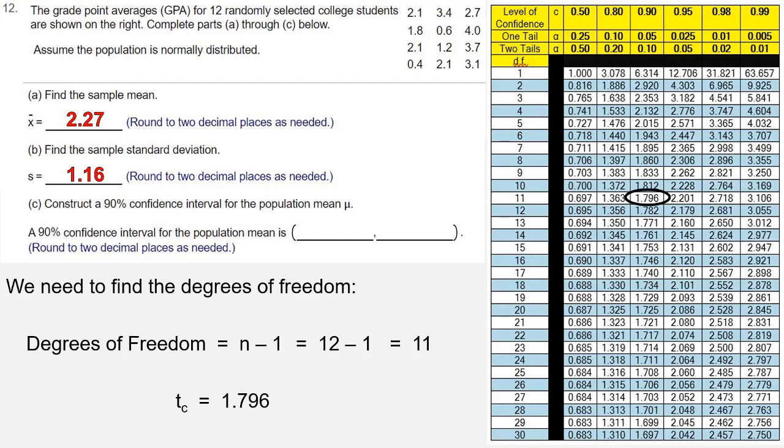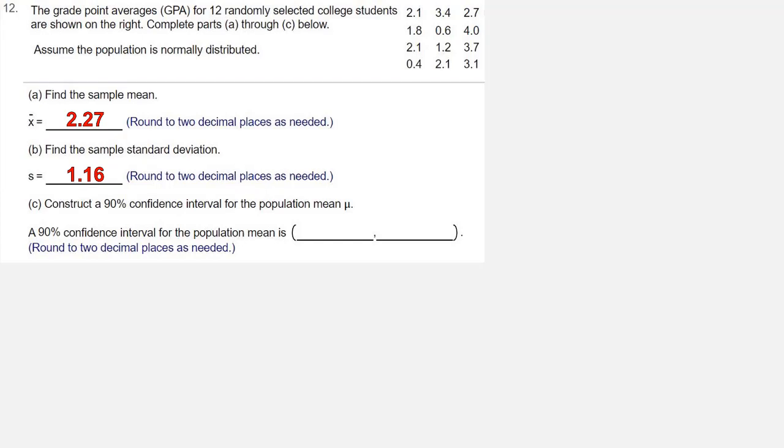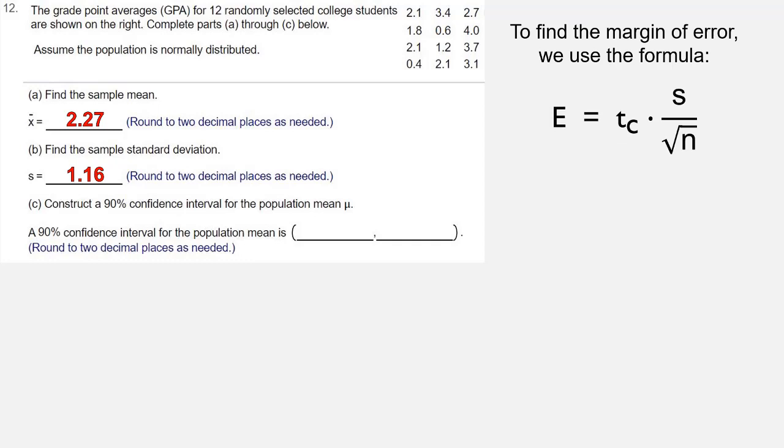We can take that value to help us build the confidence interval by first finding the error. So we need our error formula. The error formula is E equals t_c times s over the square root of n. Again, we're using the t-score because we don't know the value of sigma.